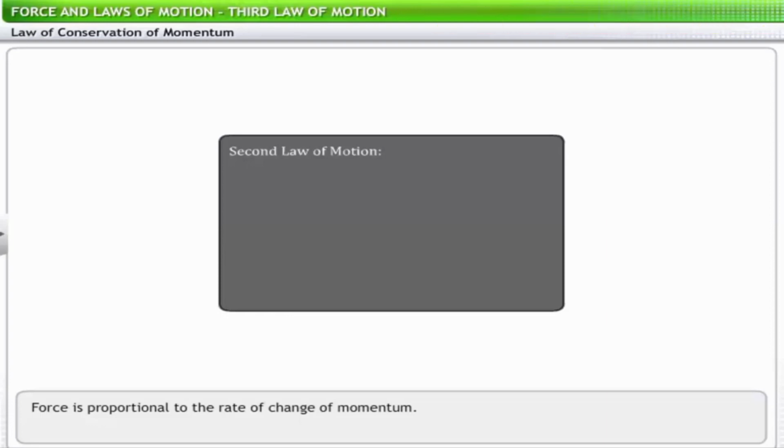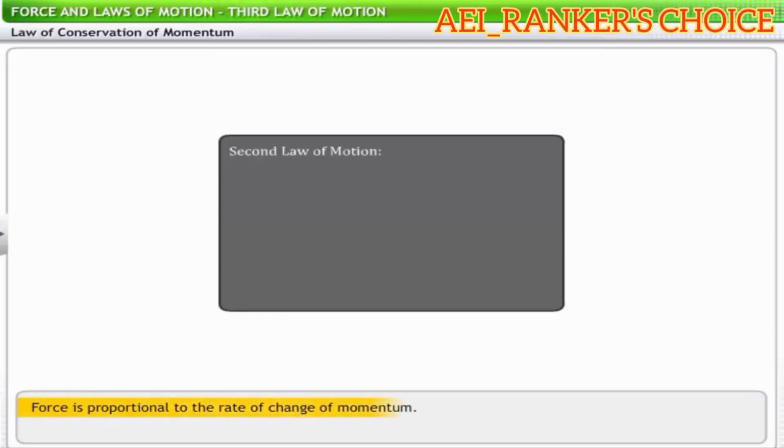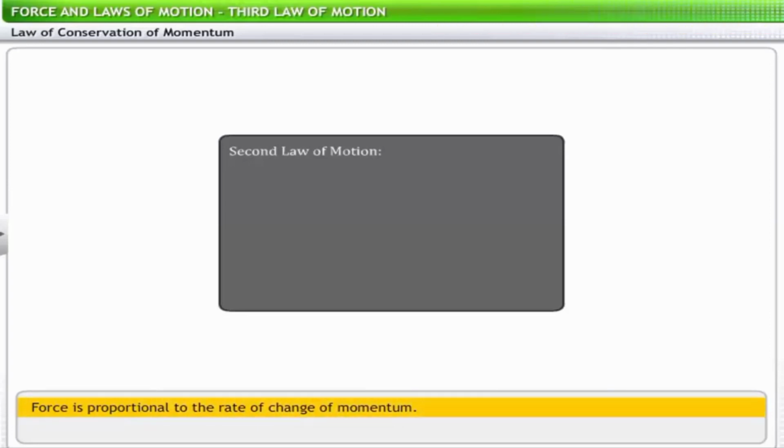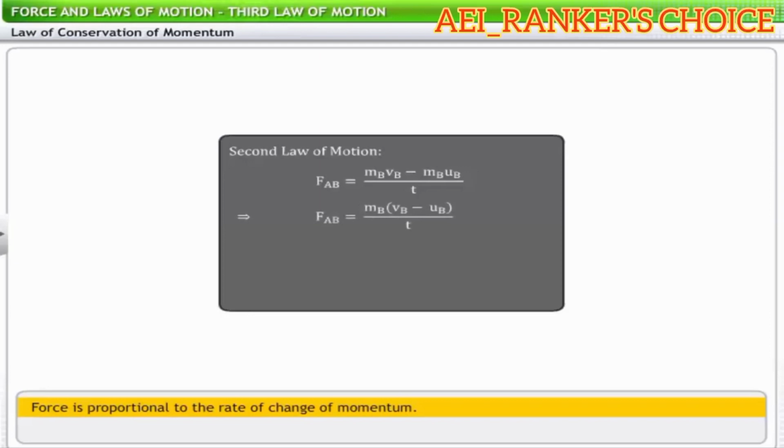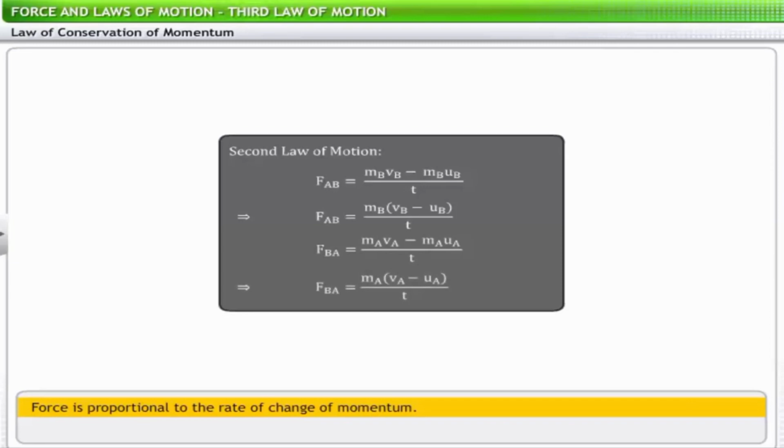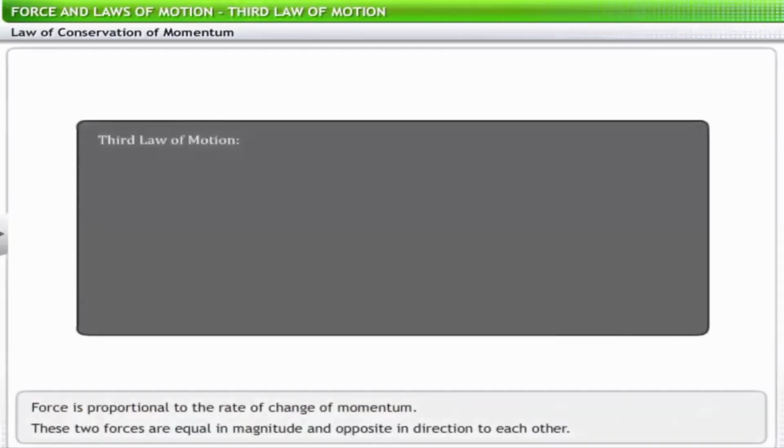According to the second law of motion, force is proportional to the rate of change of momentum. Upon collision, the force exerted by A on B, FAB, is equal to MB multiplied by VB minus UB divided by T. Similarly, the force exerted by B on A, FBA, is equal to MA multiplied by VA minus UA divided by T. According to Newton's third law of motion, these two forces are equal in magnitude and opposite in direction to each other.